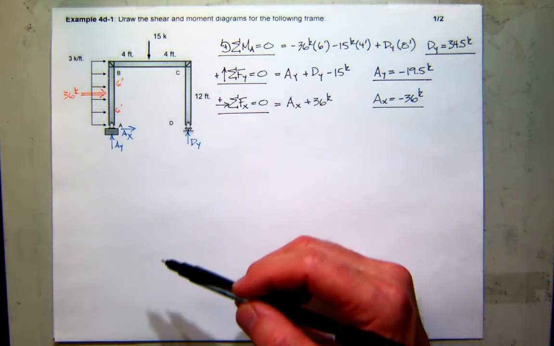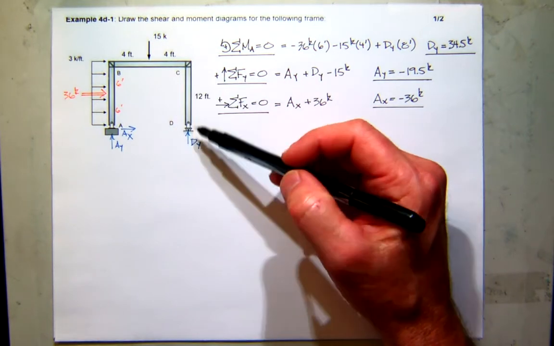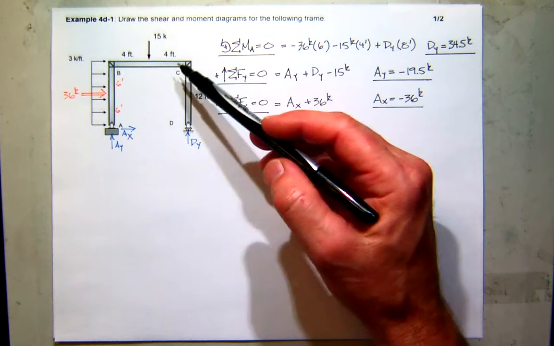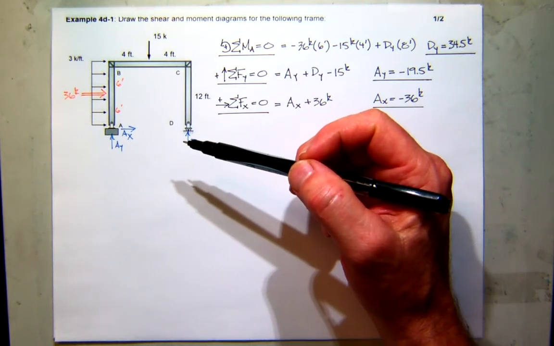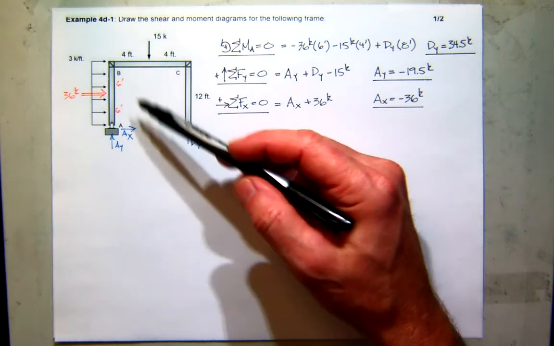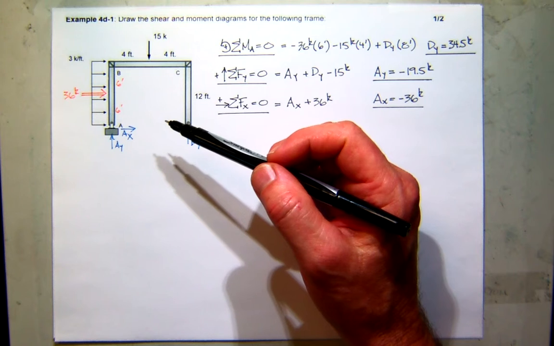What's going to be the easiest one to do? Probably C to D. There's no loading, just one reaction. That's going to be pretty easy. Now, AB or BC, which one of those is going to be easiest to do? AB. BC is pretty easy too. In fact, they're pretty much the same at this point.